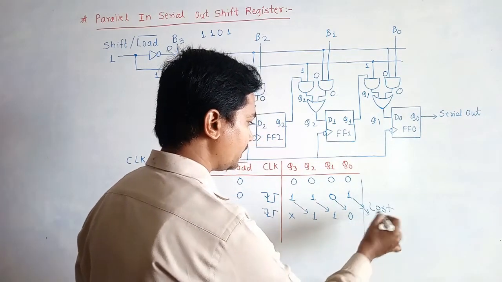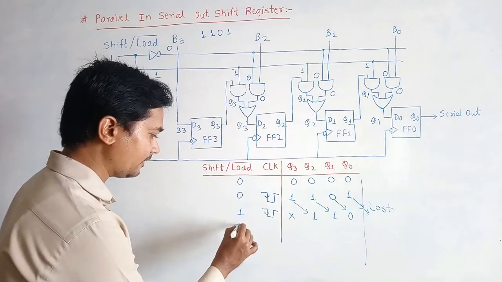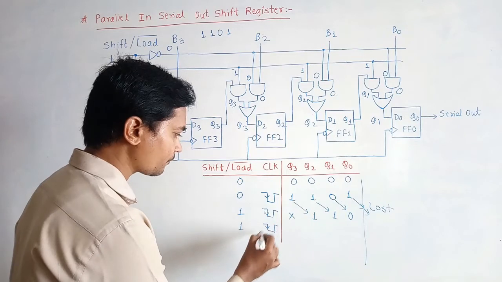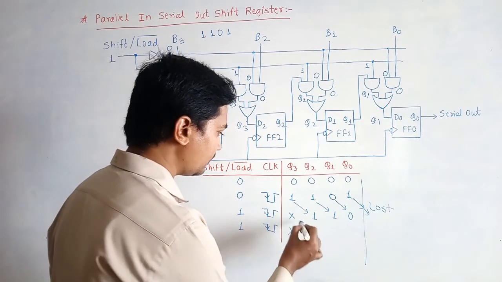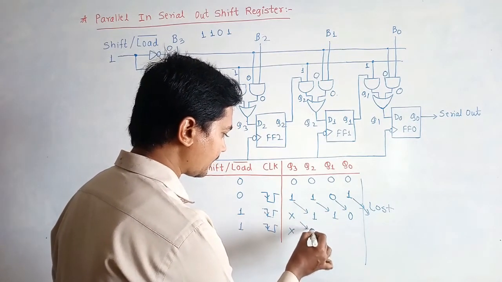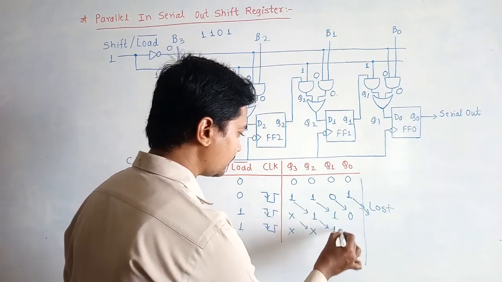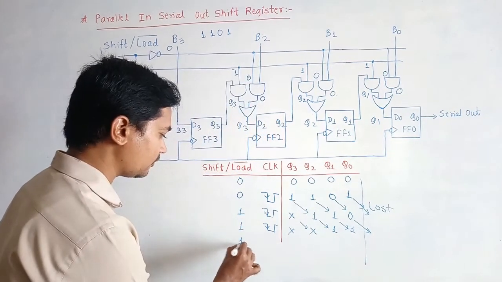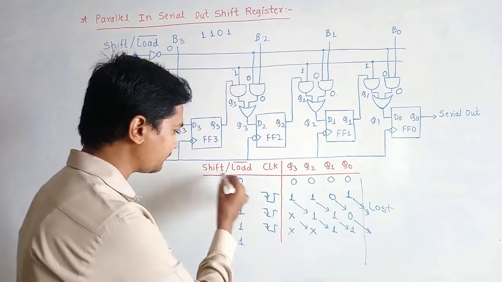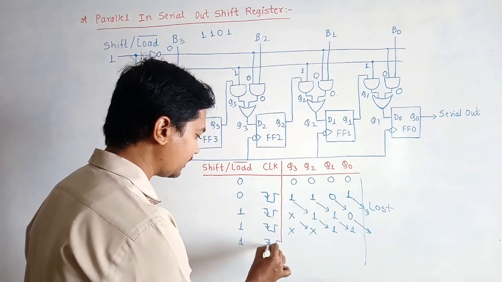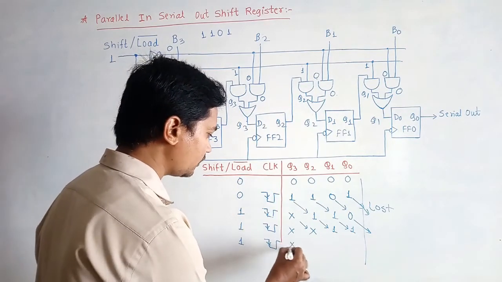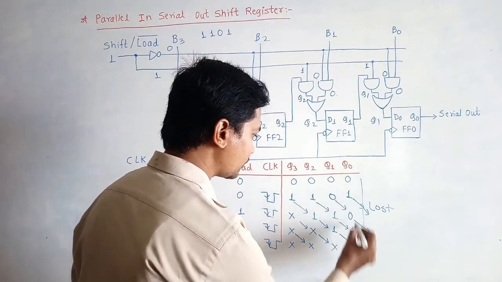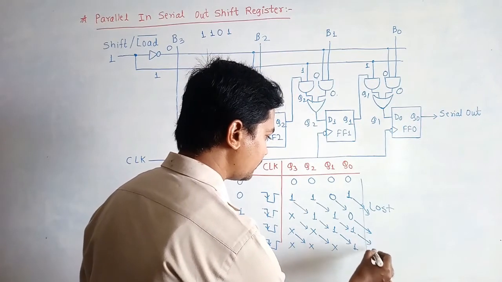Now we are still maintaining the shift signal equal to 1 and applying the clock signal. Due to this clock signal, this don't care will arrive here, this 1 will arrive here, this 1 will arrive here, and this 0 will be lost. Next, again maintaining shift equal to 1 and applying the falling edge of the clock, don't care, don't care, this 1 will arrive at Q0 and this 1 will be lost.